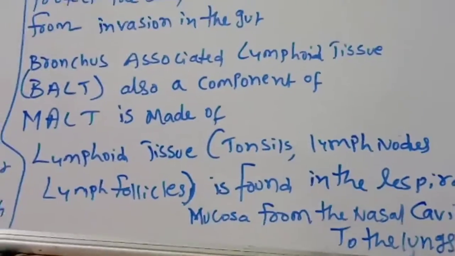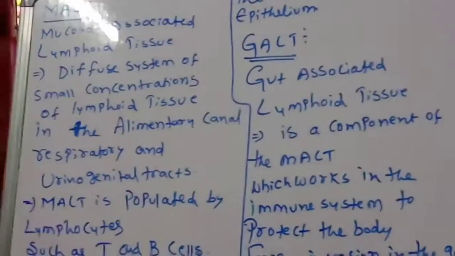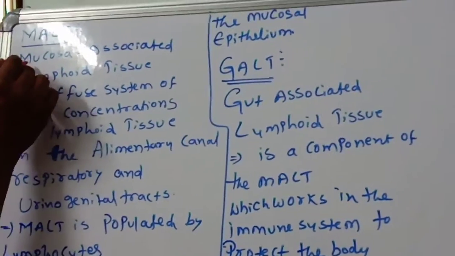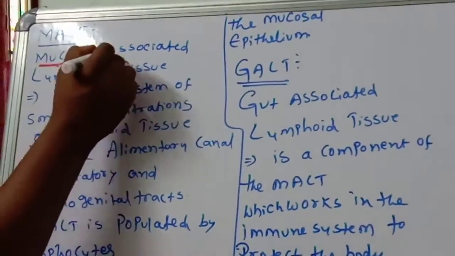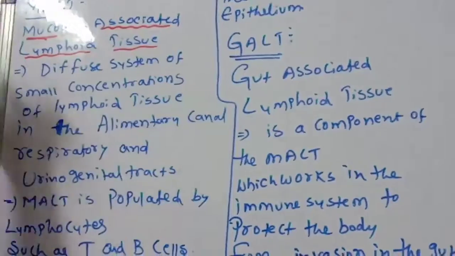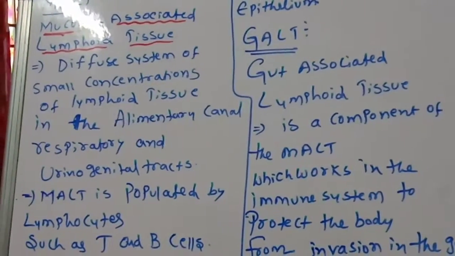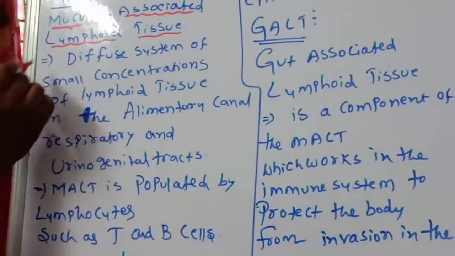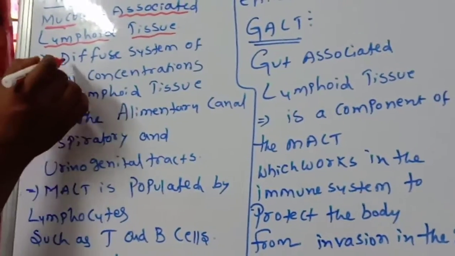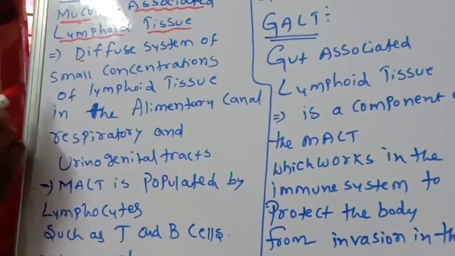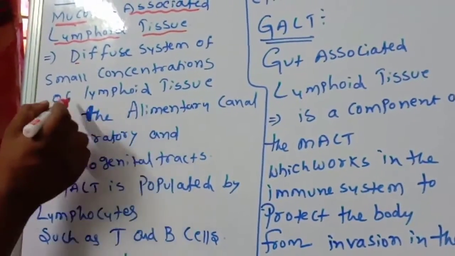Observe very carefully. We are discussing MALT. MALT means what? Mucosa associated lymphoid tissue. A diffuse system of small concentrations of lymphoid tissue.